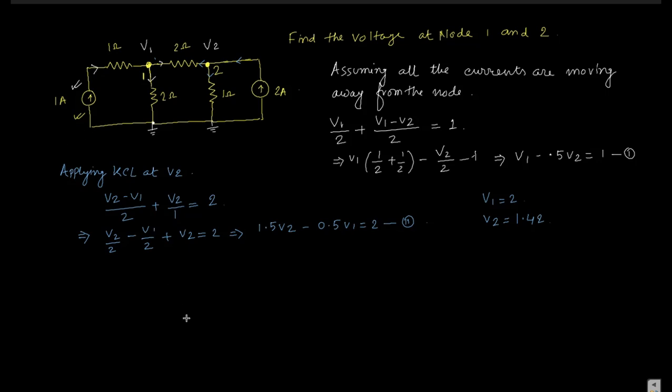Now take another example where there is a current source as well as voltage sources. Draw the circuit.